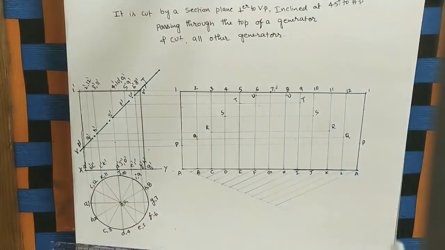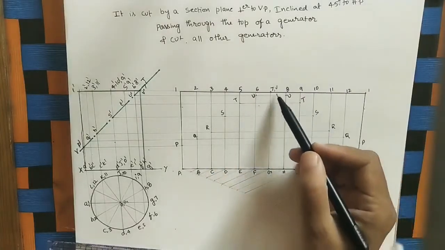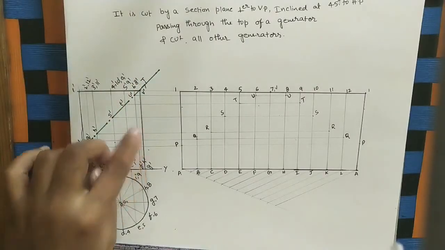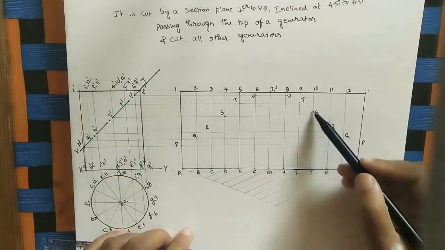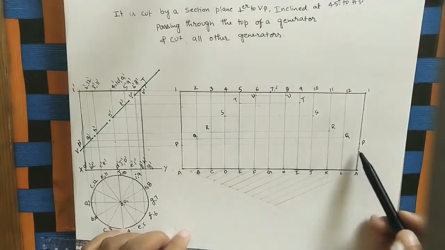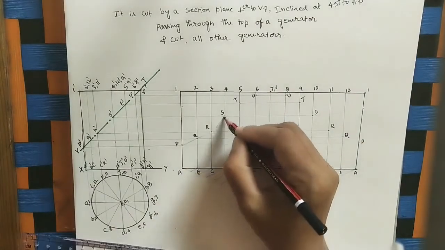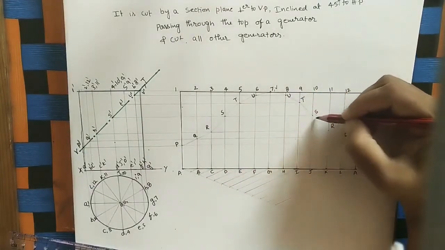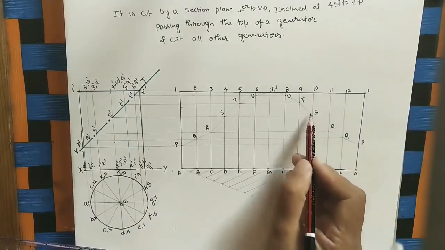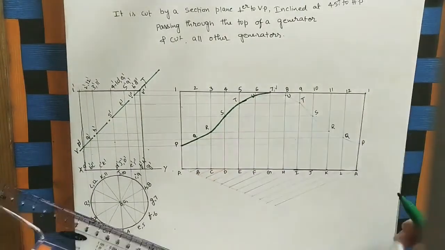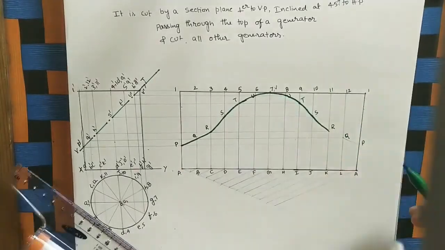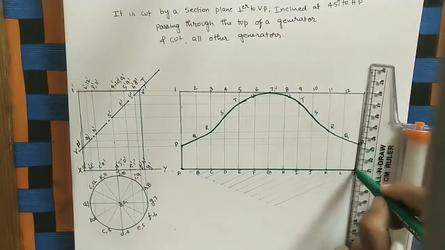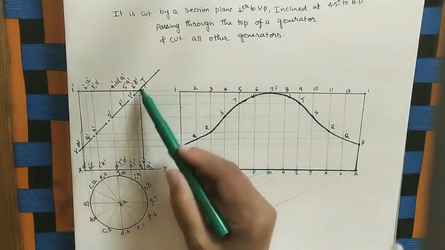Here at the same. Now join all these points with the help of freehand curve. We will get the development of this part. Because we are removing this side part, whatever part is there, we will get the development here. Okay. Join all these points with freehand curve. So this part we can see after cutting this portion.